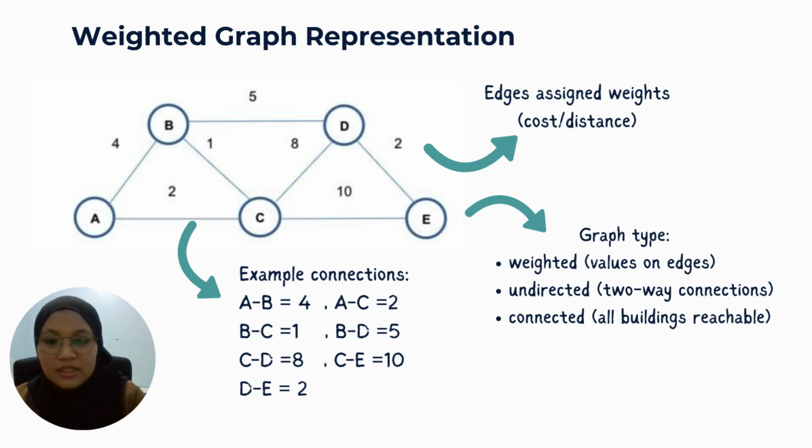For example, the link between A and B is equal to 4, A to C is equal to 2, B to C is equal to 1, B to D is equal to 5, C to D is equal to 8, C to E is equal to 10, and D to E is equal to 2. This makes the graph a weighted, undirected, and connected graph, meaning all buildings are linked and accessible.